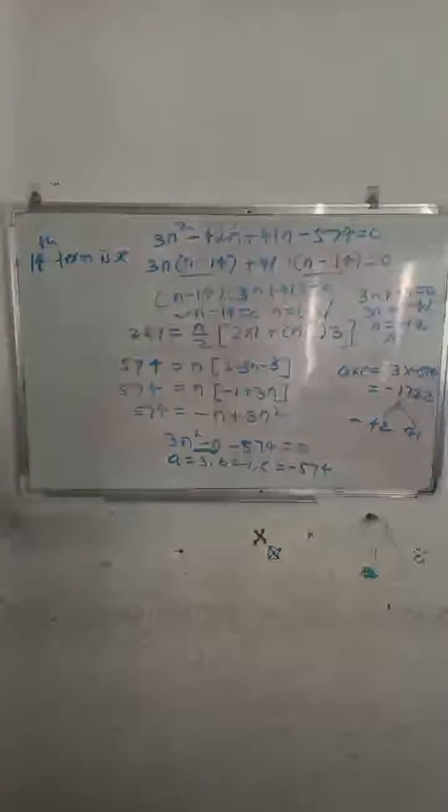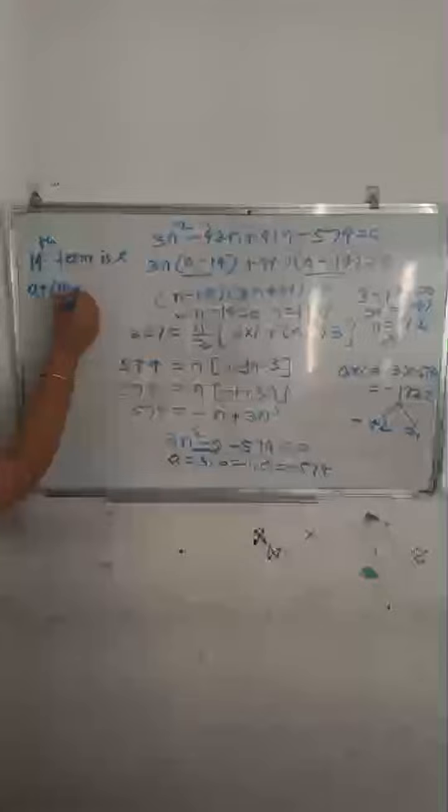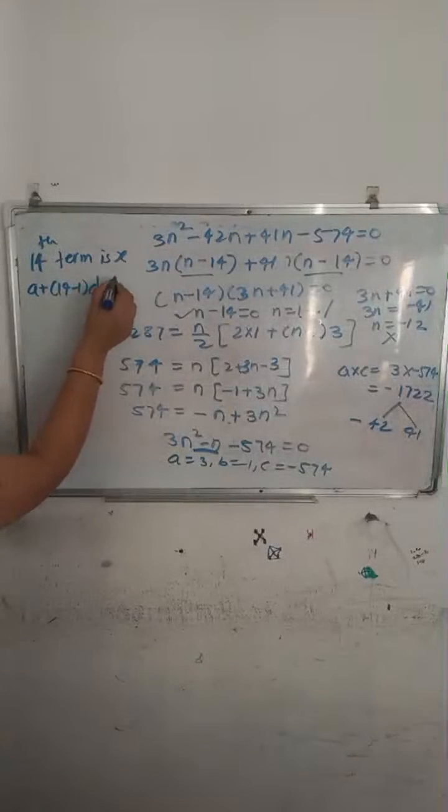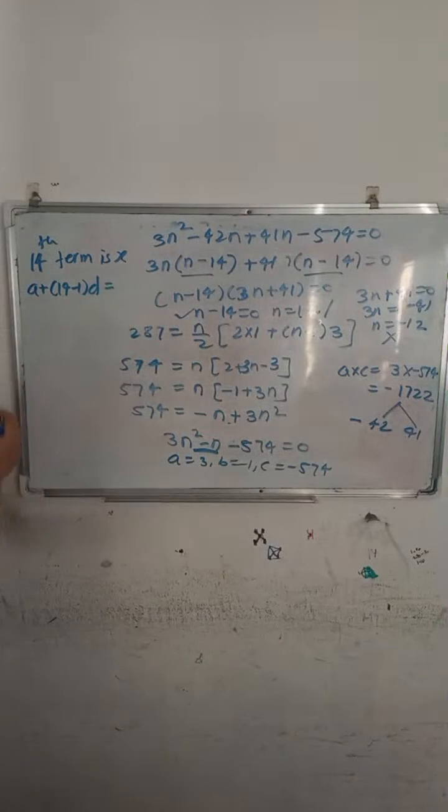Then we can write now here a plus (14 minus 1) into d is equal to the 14th term. Okay, that is nothing but how much? That is nothing but x. So write down here.